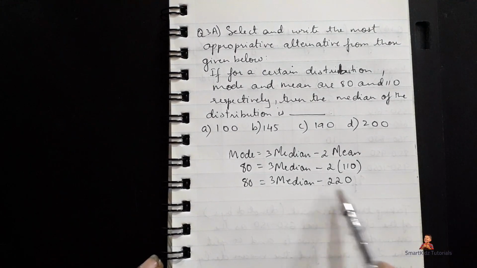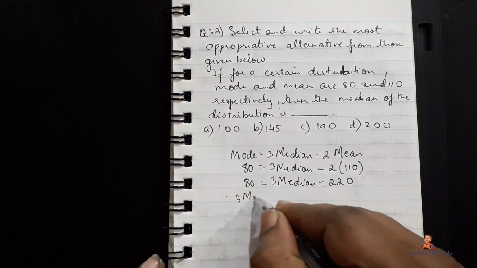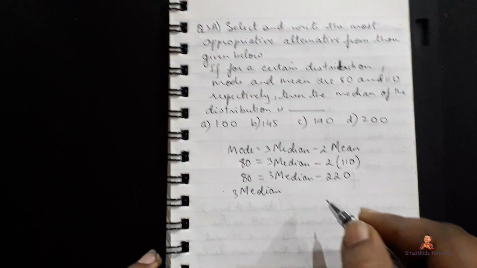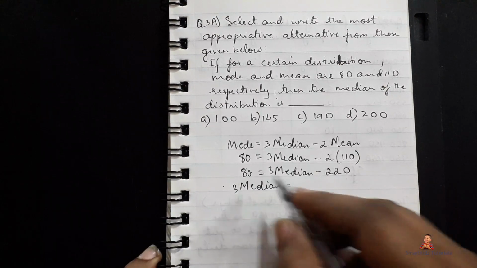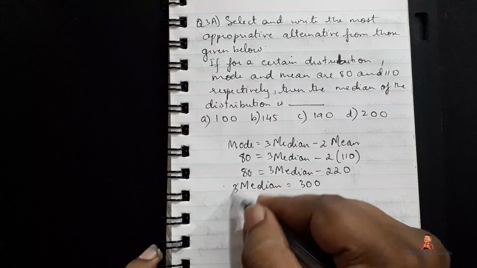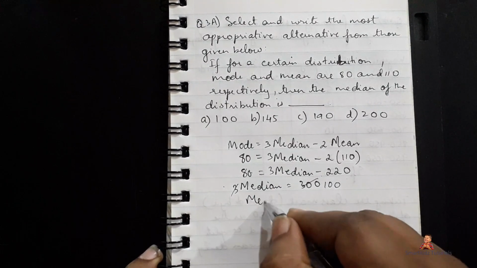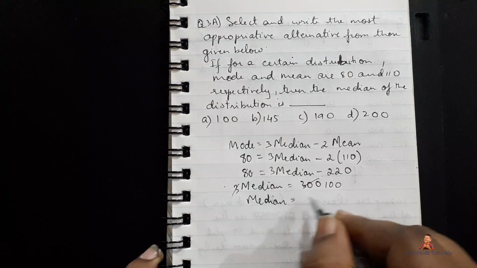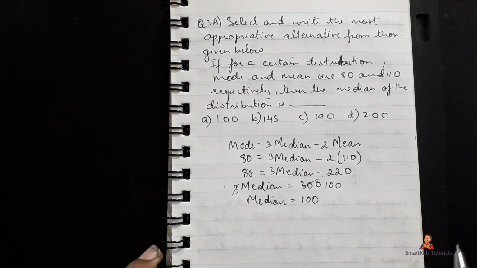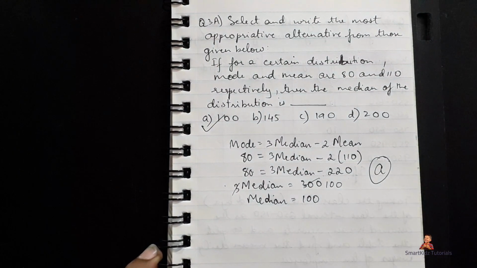Now this minus 220 I'll take on the left hand side, and we will get 3 times the median equal to 220 plus 80 gives 300. And if we divide, 3 ones are 3, 300, 3 into 100 is 300. So that means median is equal to 100. So correct choice is A, 100.